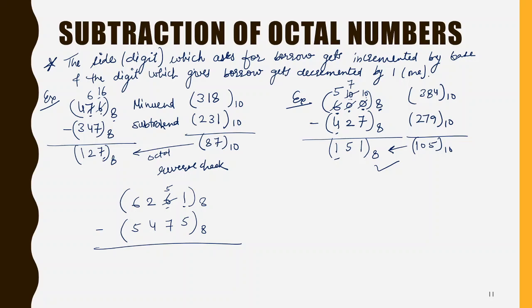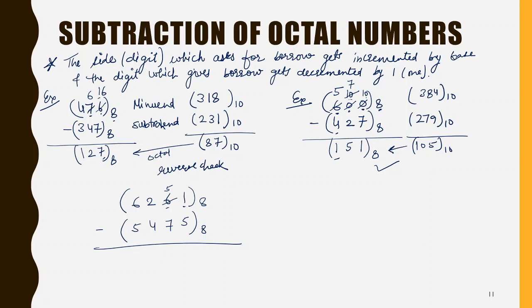So this one takes the borrow, and it becomes 8. This 6 reduces by 1 and becomes 5, and this 1 is incremented by 8, so it becomes 8 plus 1, that is 9.